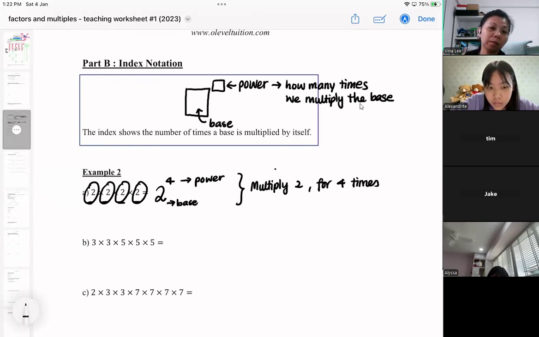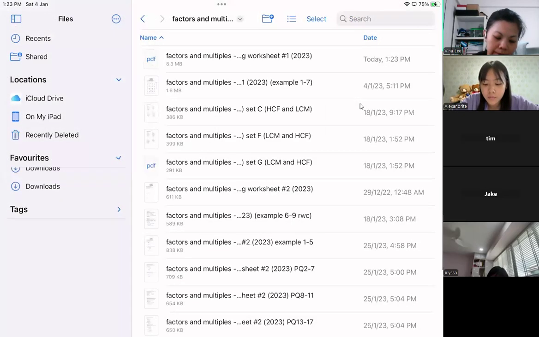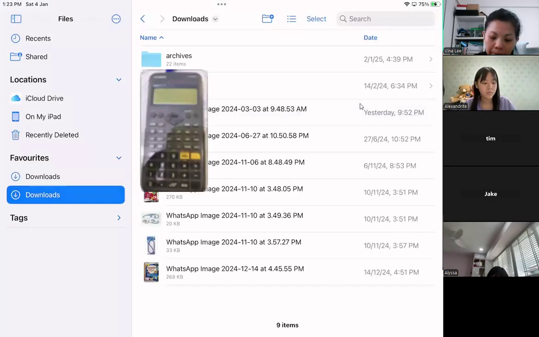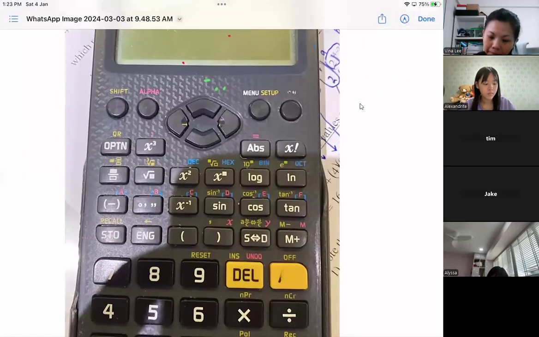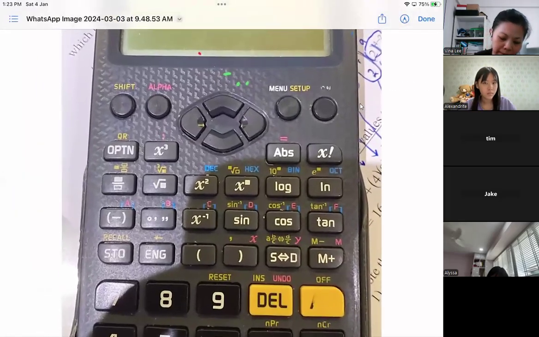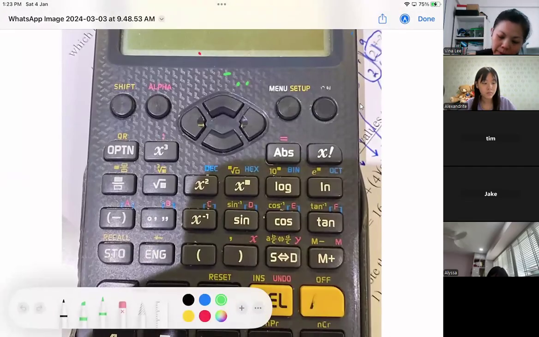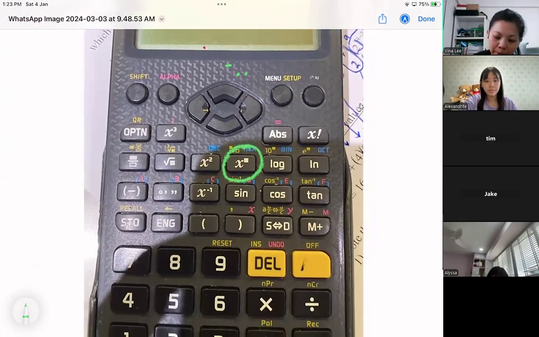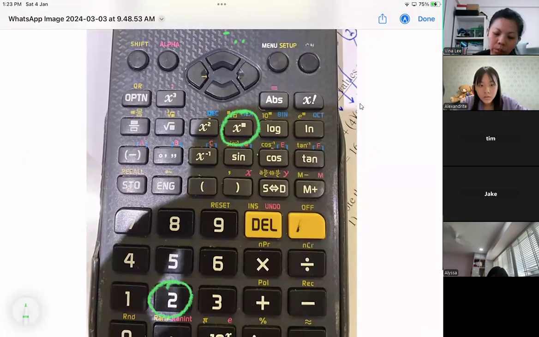Okay, so where is the button for this part? I'm going to show you on your calculator. It's on this part here. This button. Wait, let me change the color. This button. So you press 2 first, and then this, and then 4.